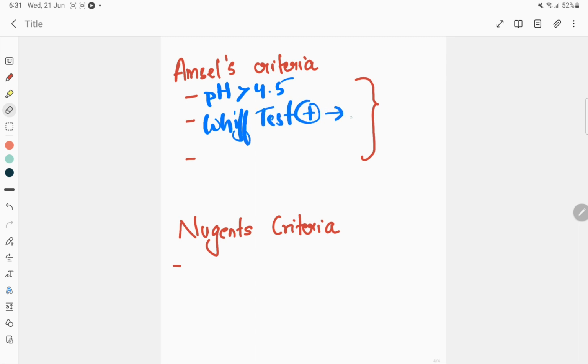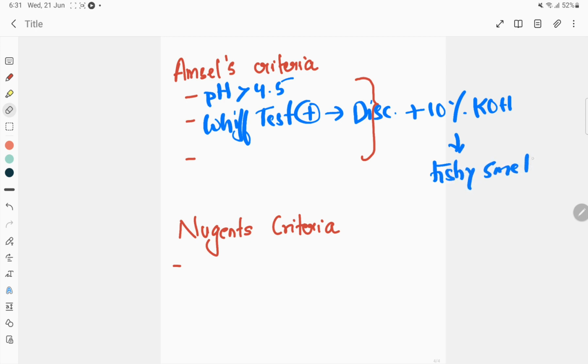We take the discharge of the patient and add it to 10% KOH. If we get a fishy smell when we do it, then it means that the patient has got bacterial vaginosis. The third thing is that you should see clue cells in microscopy. Only then you can say so. These three things will have to be fulfilled if you need to say that the woman has got bacterial vaginosis, which is caused by Gardnerella vaginalis.